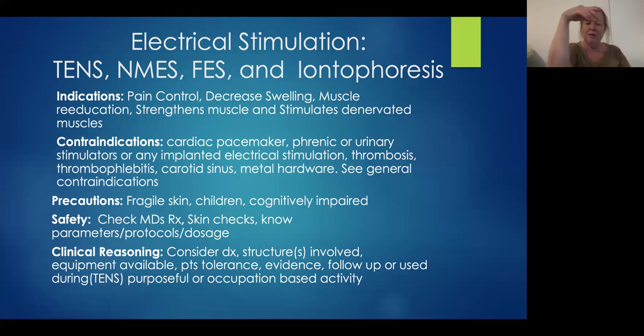But have I used neuromuscular electrical stimulation for somebody who has a radial nerve palsy as they started to get return? Yeah, I would set it up on the extensors to try to help encourage more wrist and finger extension. So you need to think about the diagnosis and the structures involved, and also the available equipment.